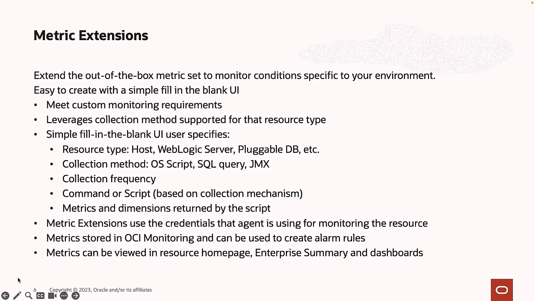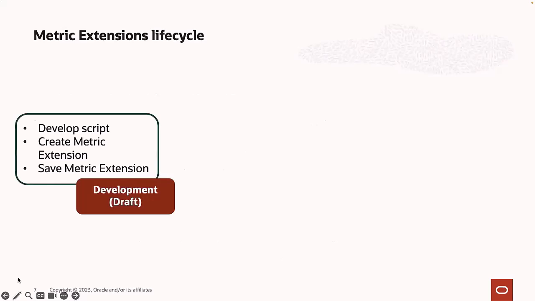So let's take a look at how you can create and use a metric extension. The first step is to define the metric extension. To create a metric extension, we'll first begin by defining the metric query or script to be used. Next, using the UI, we'll specify a name, resource type, collection method, script, and other details I described earlier.